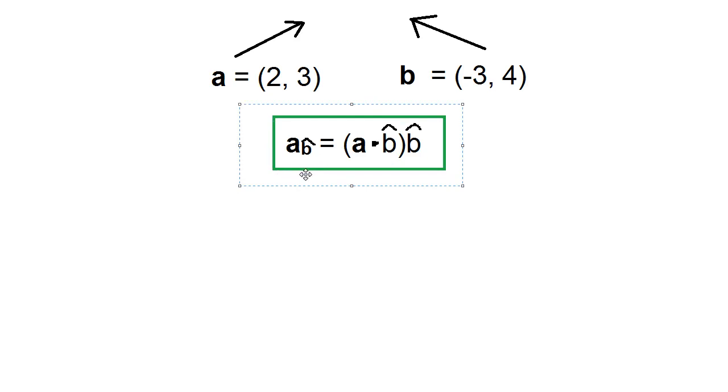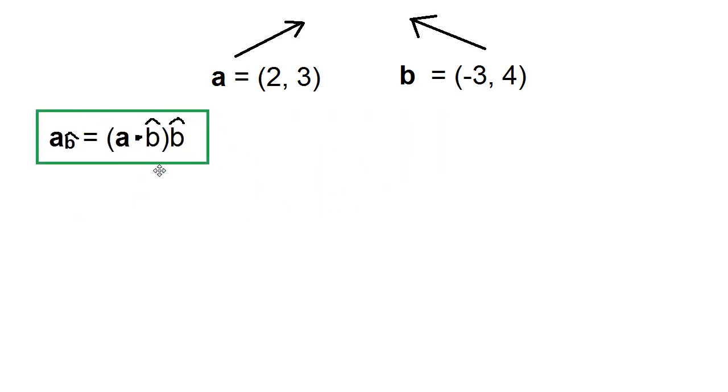So the question is, how do you do this? Well, if our goal is to calculate the left-hand side, this a subscript b hat, basically we just need to apply the operations that are present on the right-hand side. To do so, you'll notice that we need b hat here. Now, you can find b hat very quickly, because at the end of the day, vector b is equal to the magnitude of b multiplied by b with the little hat on top of it, right?